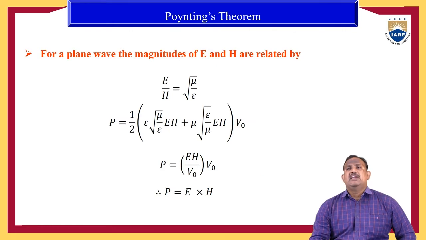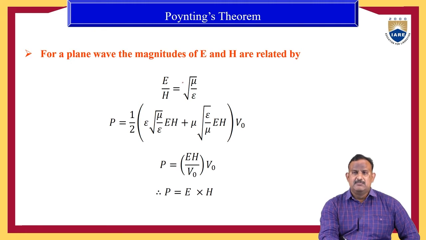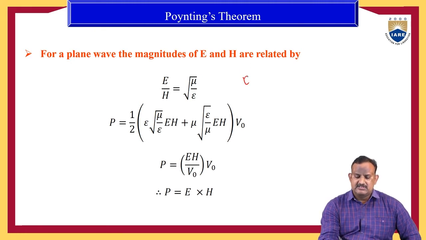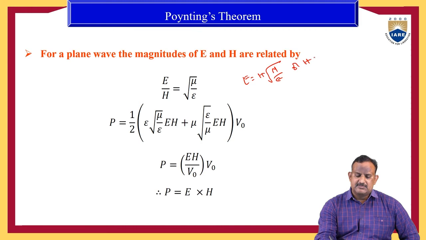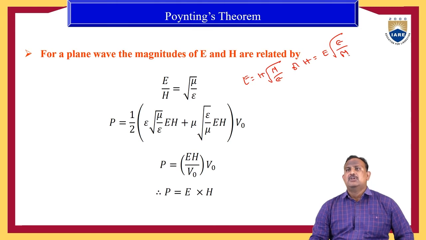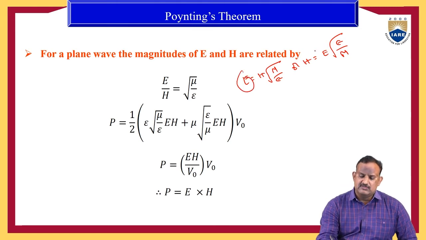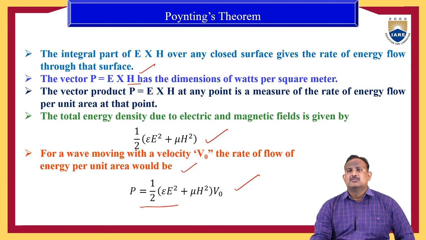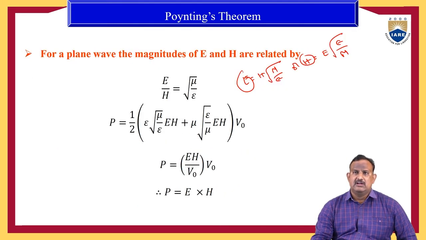For a plane wave, the magnitudes of E and H are related by E by H equal to root of mu by epsilon. Therefore, E can be expressed as E equal to H into root of mu by epsilon, or H can be expressed as H equal to E into root of epsilon by mu. Now, if you substitute E and H values in the previous equation, P is equal to half into epsilon E square plus mu H square into v naught.